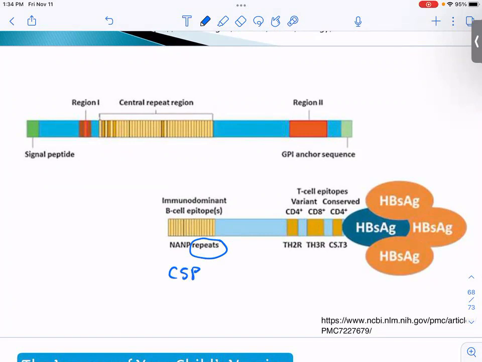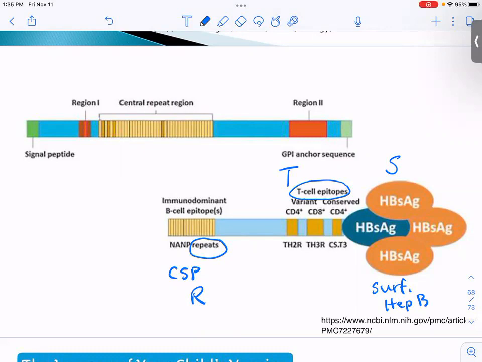And then they've taken another part of that CSP, the T. So the R is the repeat, the T is the T cell epitopes of that same protein, and then the S is the surface protein of hepatitis B. So RTS, and then some more S, some more of this surface protein that apparently will kind of glob onto it.